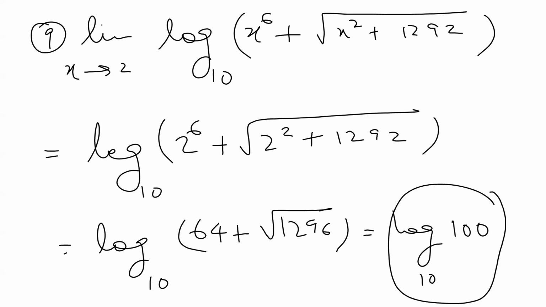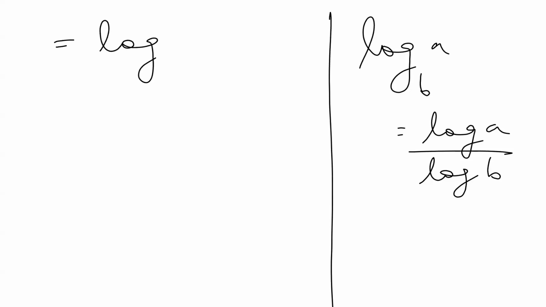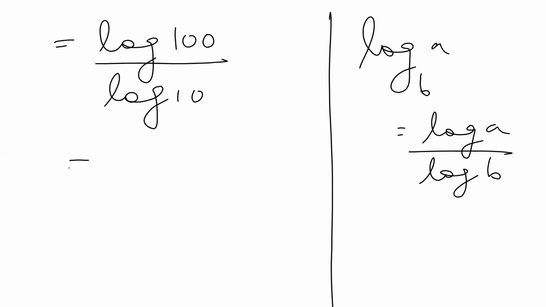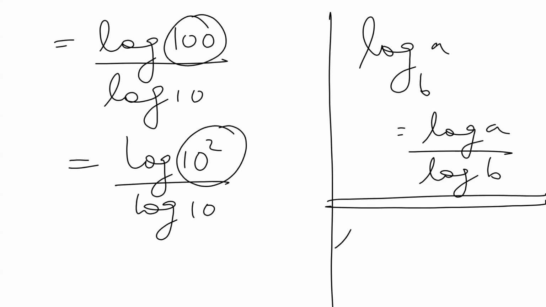Now change of base. Log a to the base b is equal to log a upon log b. So log 100 to the base 10 is log 100 upon log 10. Now 100 is written as 10 square.